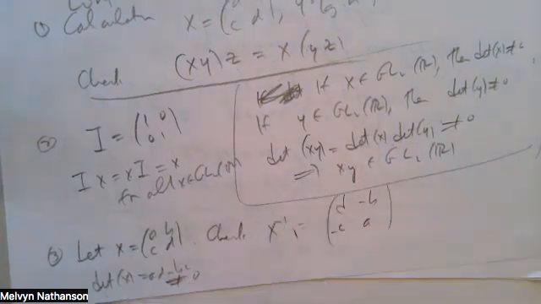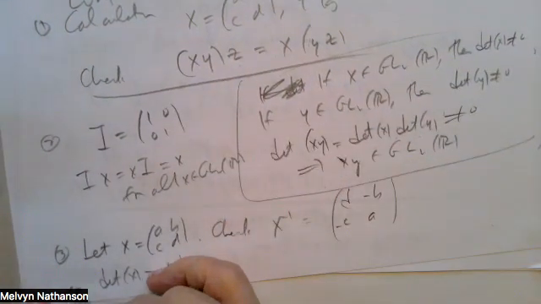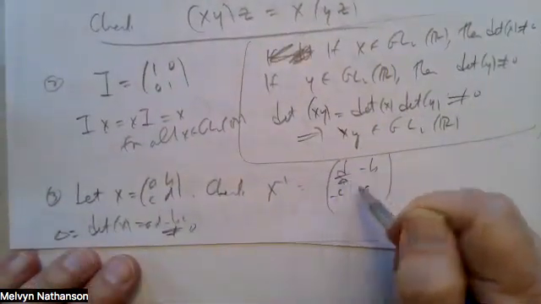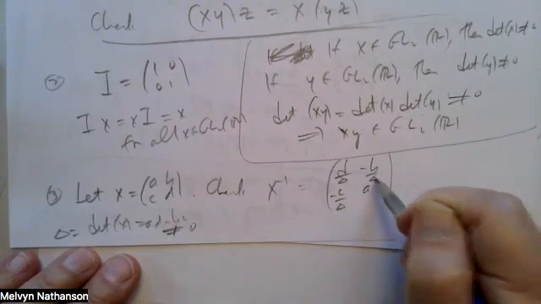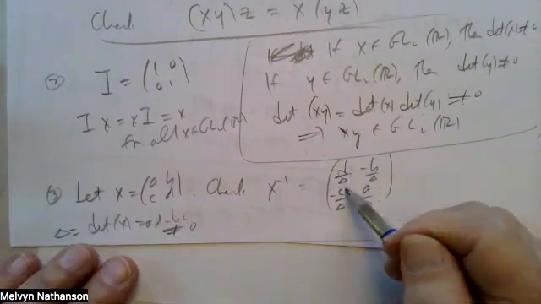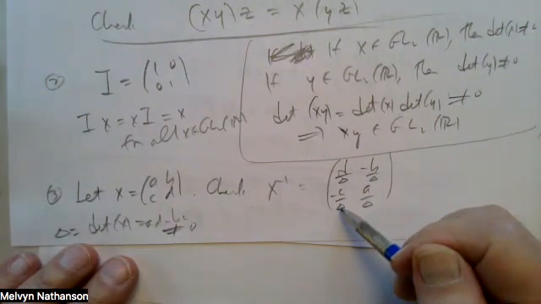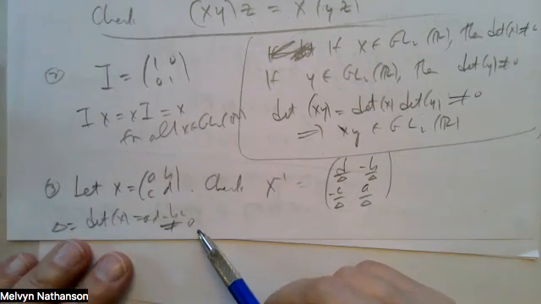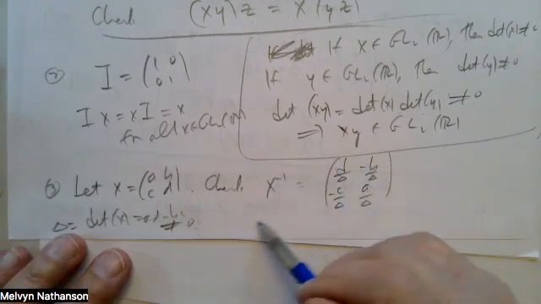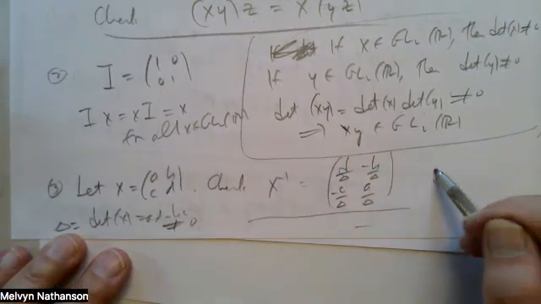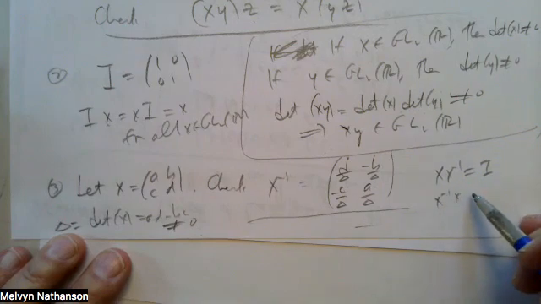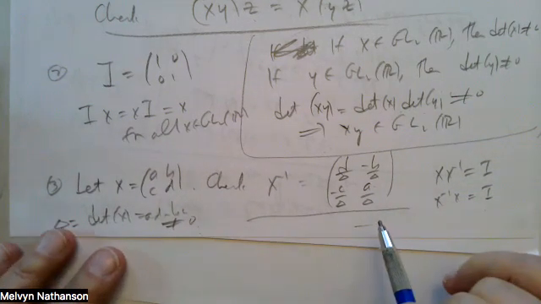It's a diagonal matrix. Suppose I call this number delta, so delta is the determinant. Then D over delta, minus B over delta, minus C over delta, A over delta. I can divide by delta because the determinant's non-zero, and you can check that X times X inverse is the identity, and X inverse X is the identity.